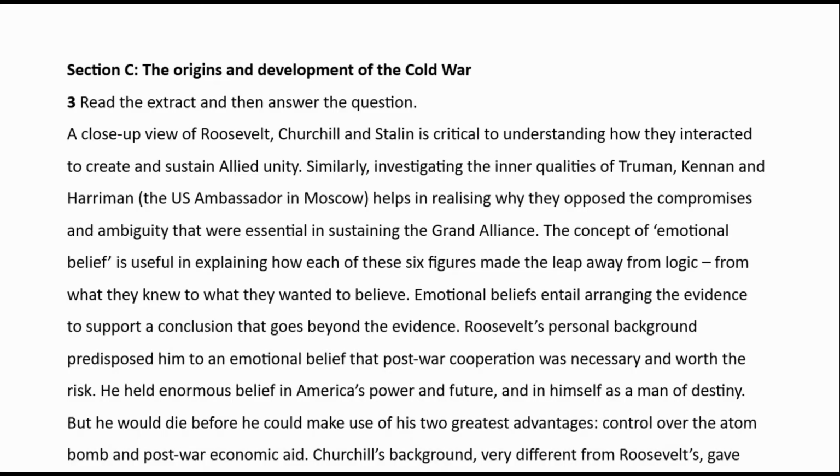Emotional beliefs entail arranging the evidence to support a conclusion that goes beyond the evidence. Roosevelt's personal background predisposed him to an emotional belief that post-war cooperation was necessary and worth the risk. He held enormous belief in America's power and future, and in himself as a man of destiny.